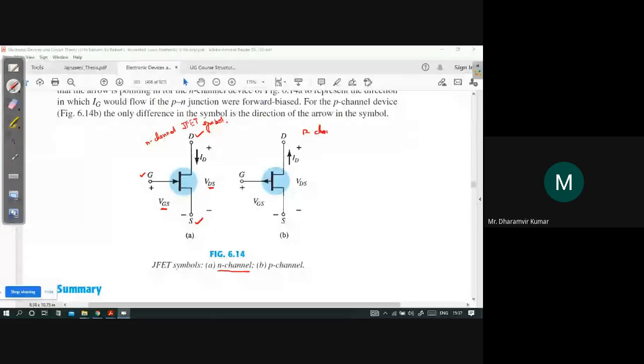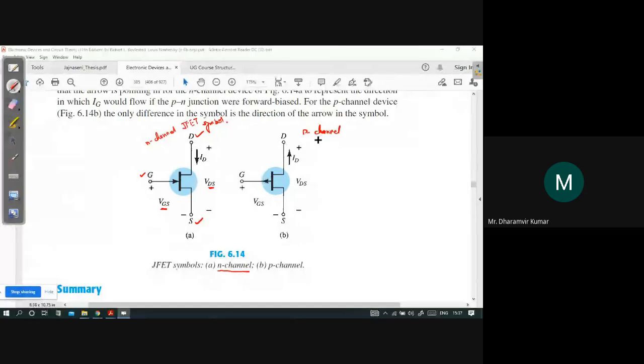What is important here, that differentiates between N channel and P channel JFET symbol, is the direction of this arrow. There is an arrow mark pointing inwards for N channel JFET at the gate terminal, and there is an arrow mark which is pointing outwards for the P channel JFET. That is the difference.